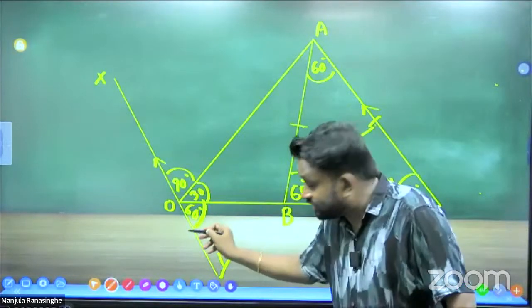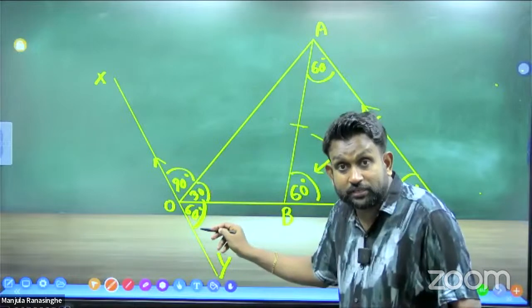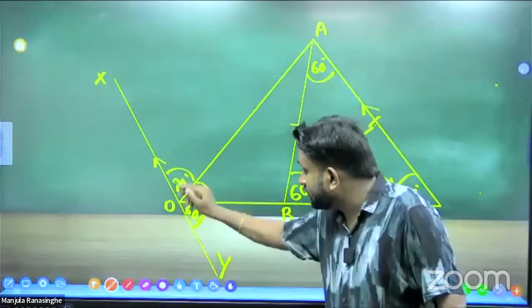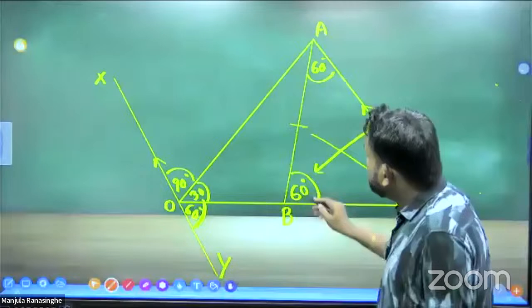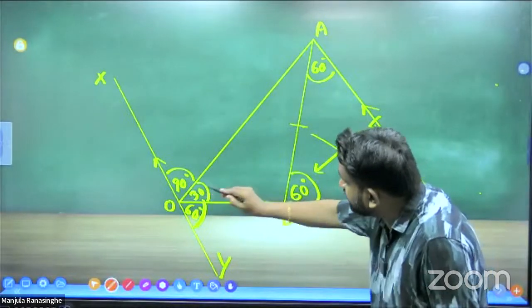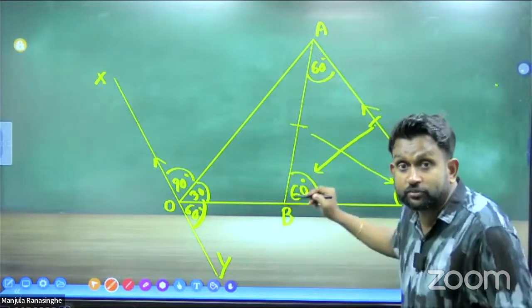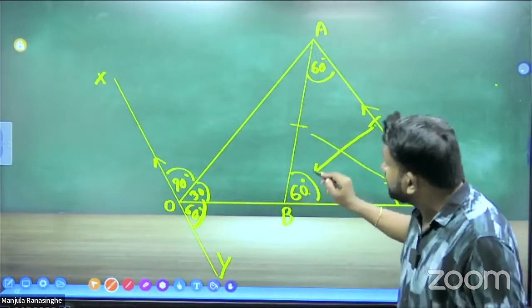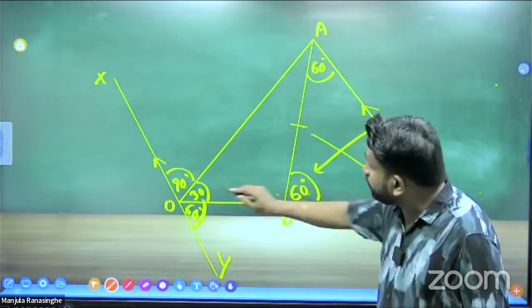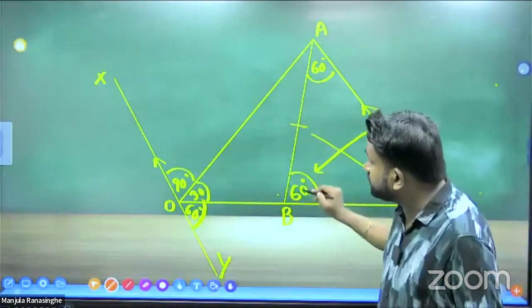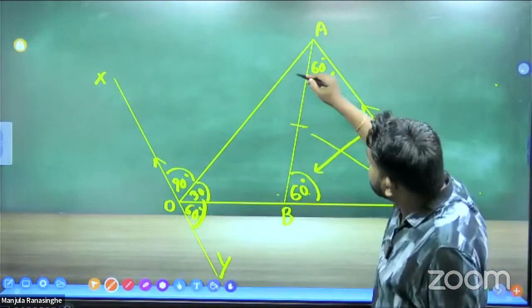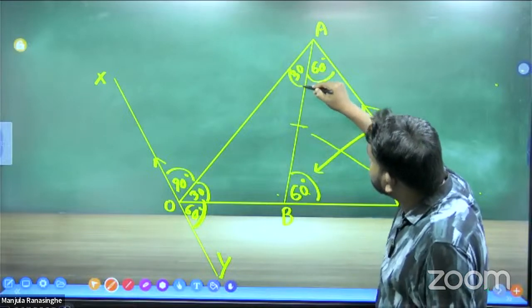All the angles on this straight line XY add up to 180. So this is 30. Then here 60, then here 30, then you can see the AOB triangle, and as per the exterior angle theorem, 60 equals the sum of the interior opposite angles, these two sum to 60. So here 30, then this part becomes 30.